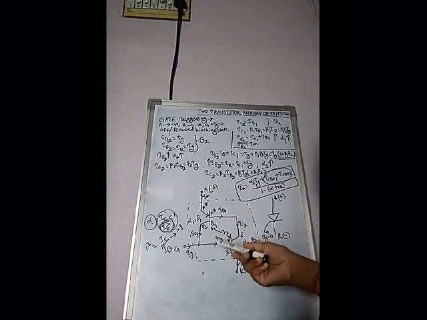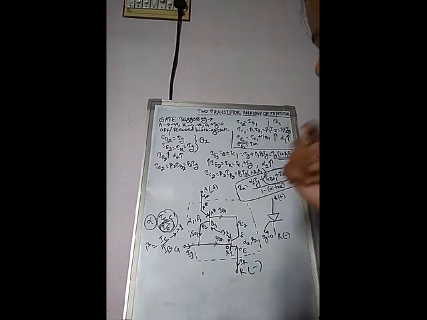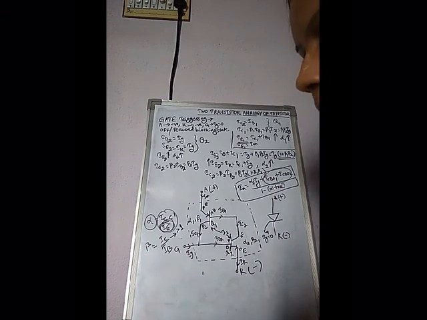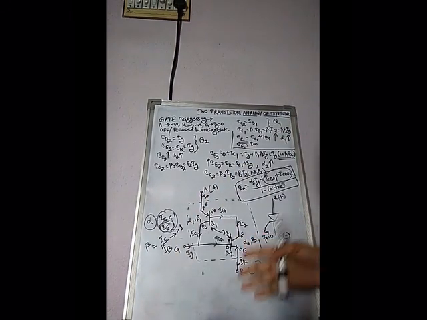Then the current gain alpha 1 again further rises towards the infinity level. Then a regenerative action is established internal to the device.